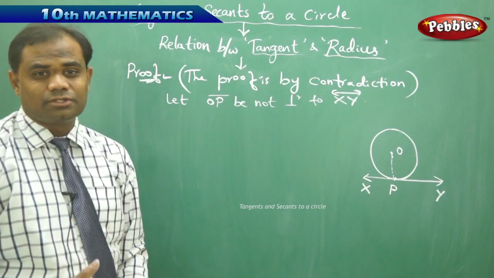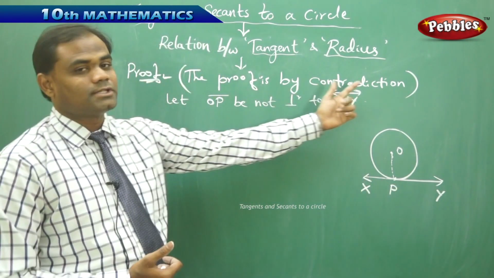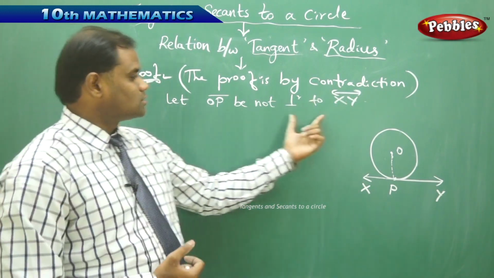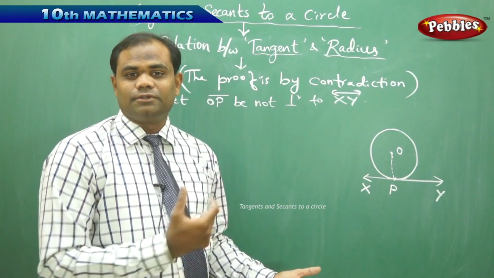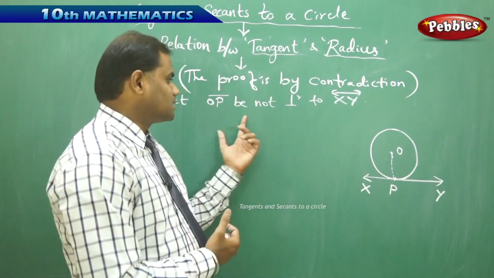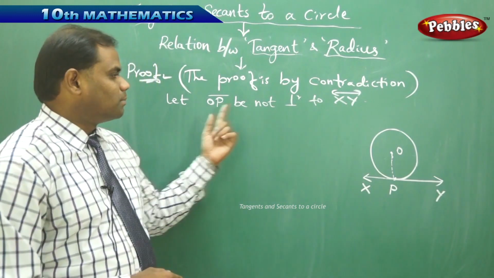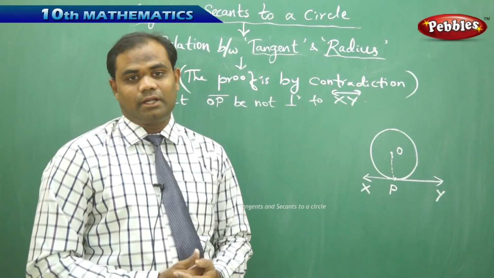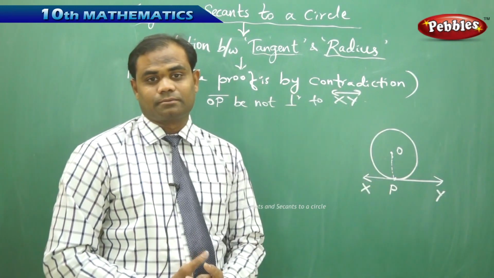Because I need to prove that the radius is perpendicular to the tangent, my proof by contradiction says I assume OP is not perpendicular to XY, and then I reach a contradiction, so the assumption is wrong. Finally, my assumption being wrong means OP must be perpendicular to XY. Such proofs are called proofs by contradiction.